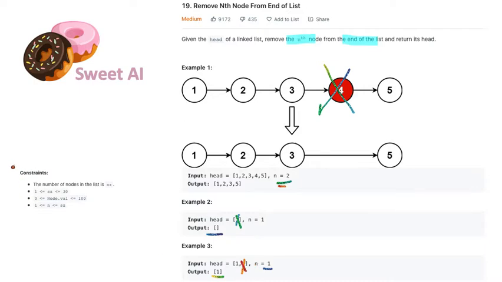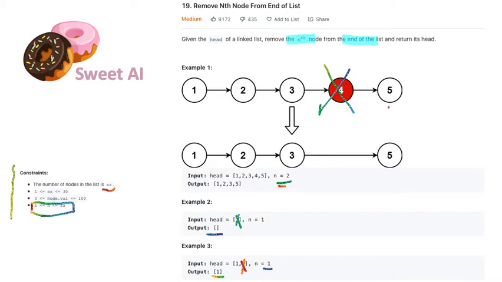The question has constraints, which is very important here to read, or ask questions about any constraint for the question. It says the number of nodes is shown with sz, and it can be between 1 and 30 nodes. What is very important here is that the n that is given to us is going to be between 1 and the length of the linked list.